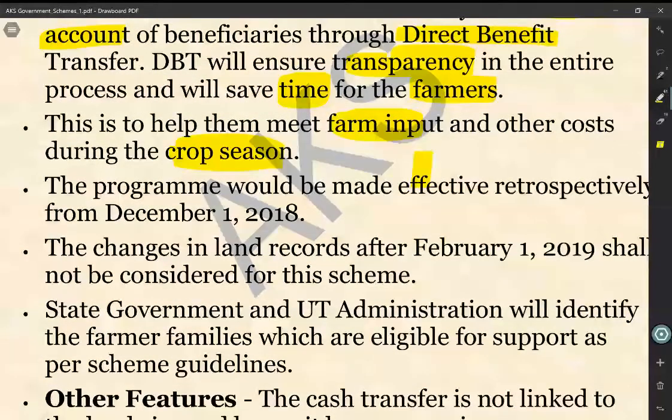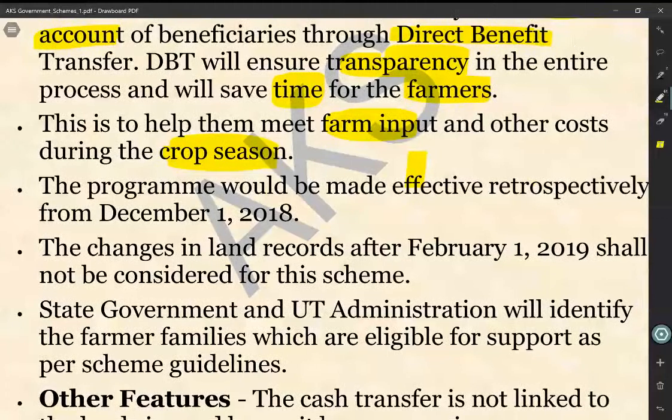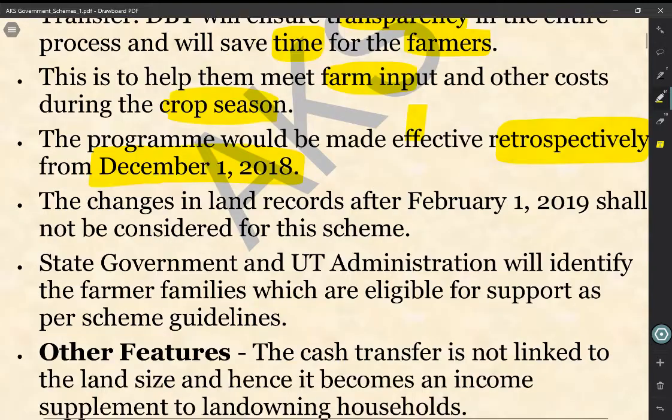Please remember this point. The program will be made effective retrospectively from December 1, 2018. So all the farmers are provided this income support from December 1, 2018. Though the scheme came into existence after December 1, 2018, the dispersal of 6,000 rupees is going to be calculated from December 1, 2018.